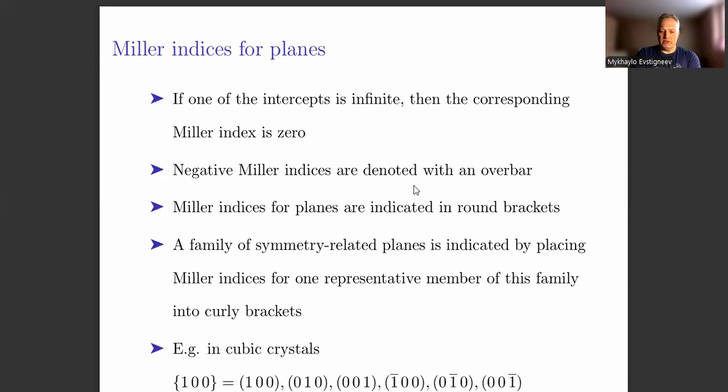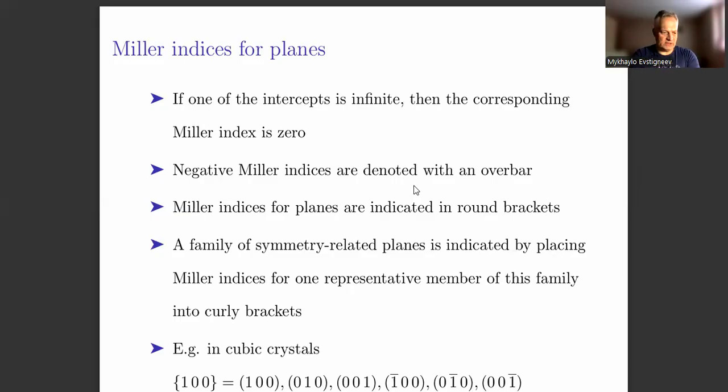Now, a family of symmetry-related planes do not have the same Miller indices, but you can transform from one plane to another within that family by applying the point symmetry operations of the crystal.